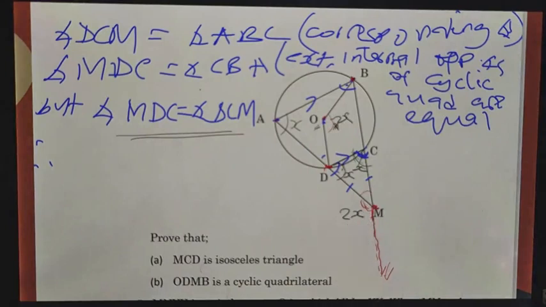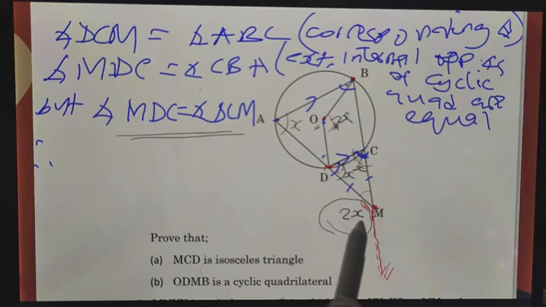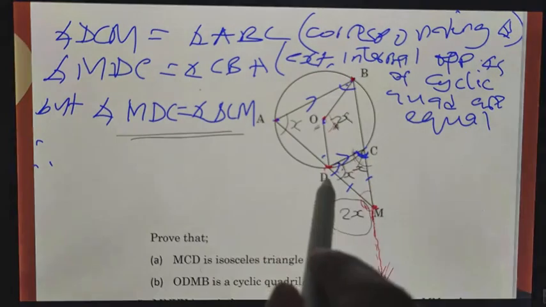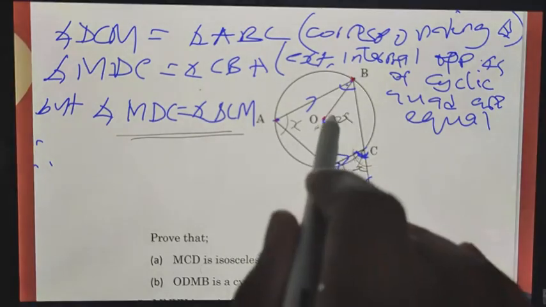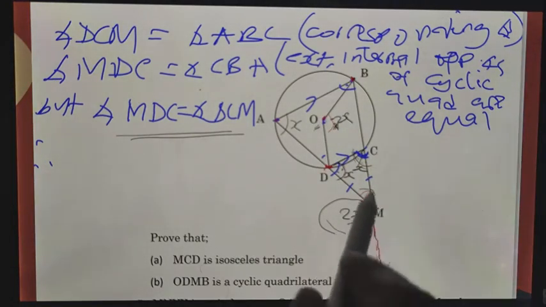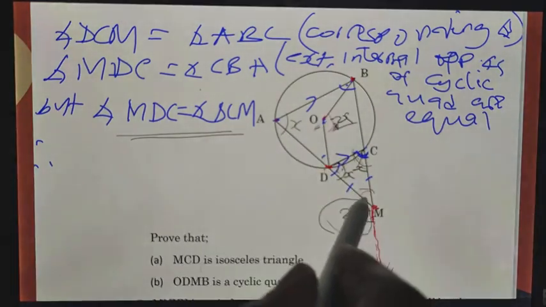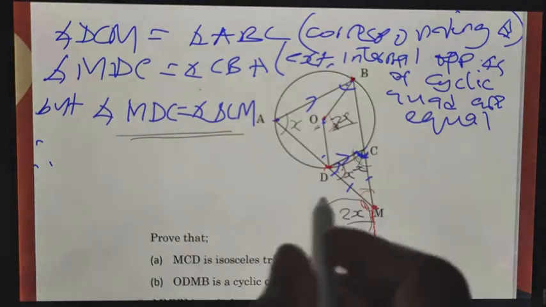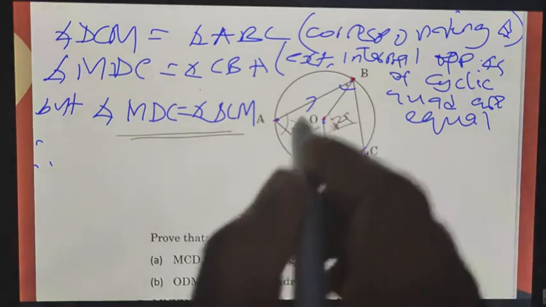Since we have found that that is 2X, if you look at this side here, which is an exterior angle of the quadrilateral BODM, this exterior angle is equal to the interior opposite angle. We found that here it's 2X, and there it's also 2X. Since these angles are equal, they fulfil the theorem of a cyclic quadrilateral: the exterior angle is equal to the internal opposite angle.